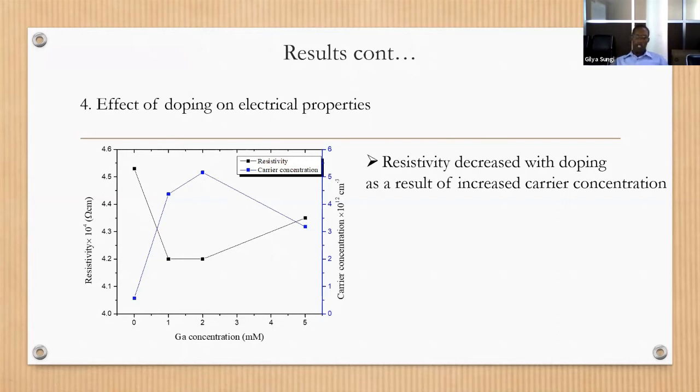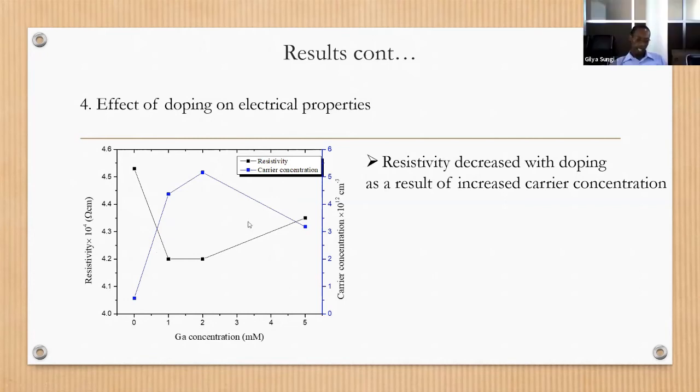So interstitial means that there are potential barriers. I mean that there exist recombination centers in the prepared film, and the film prepared with 0.002 molarity of gallium concentration, which showed the highest carrier concentration, suggests that the doping was by substitution.